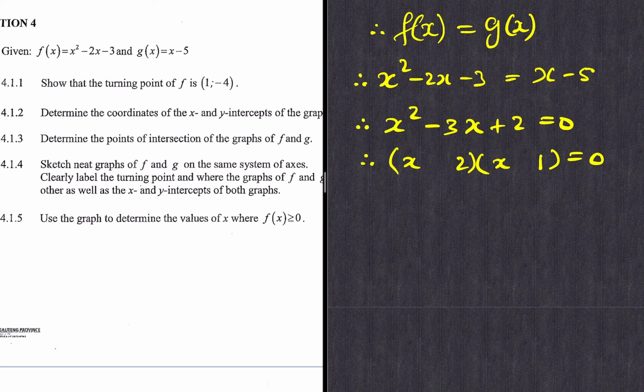It's positive. That means the signs are either positive or negative. But because the middle term is negative, both signs must be negative in order to arrive at negative 3x. Really easy. You say x is equal to positive 2. These graphs are going to meet when x is 2 and when x is equal to 1.